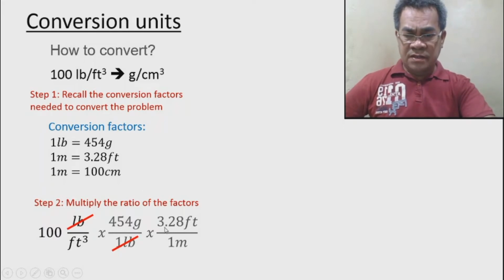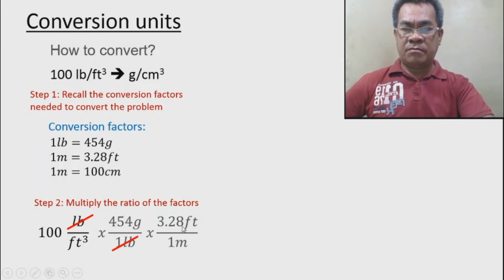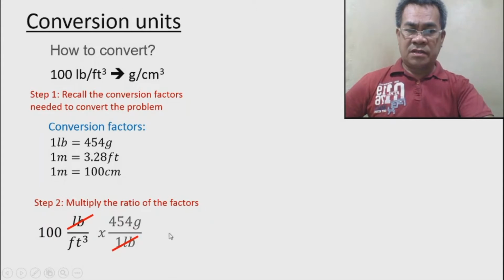So if we divide 3.28 feet by 1 meter, this is 1, nothing to worry about. But the question is, can you cancel the feet cubed? This is only feet, and this is feet cubed, so we still have a leftover here. All you need to do is use your algebra.